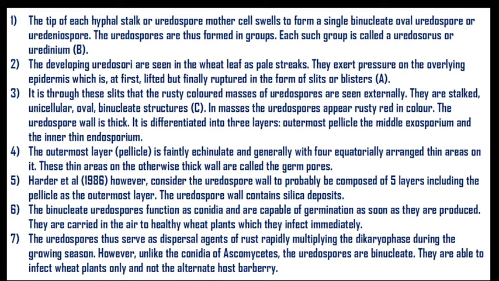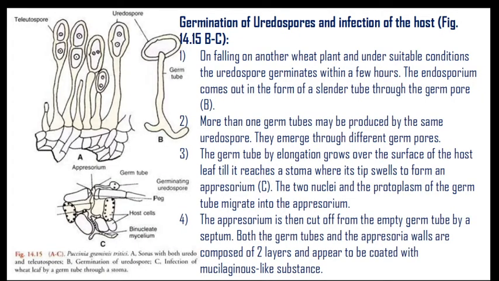Uredospores are thus formed in a group. Each such group is called uredosori or uredinium. In this way they develop and attain their reproductive structure. Later on they are going to germinate. So, germination of uredospore and infection of the host plant.